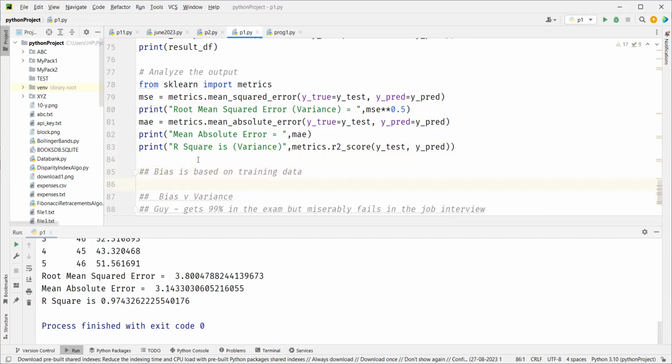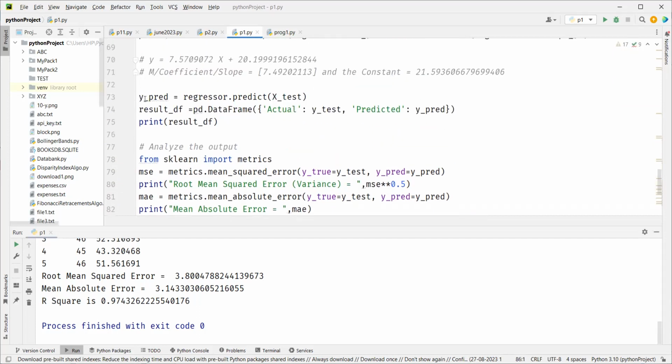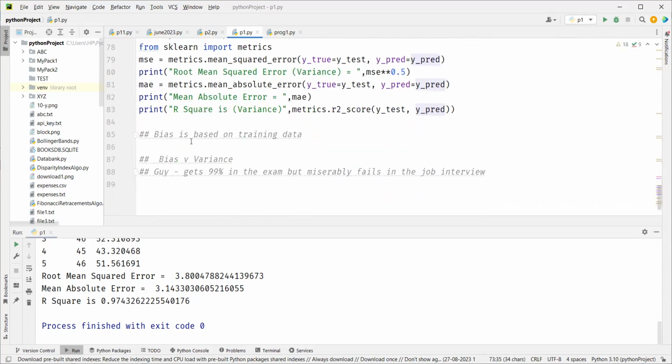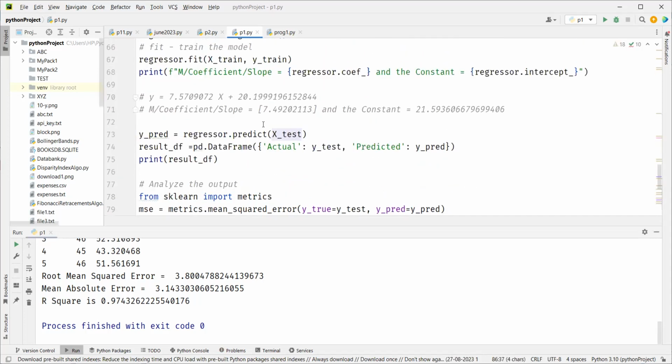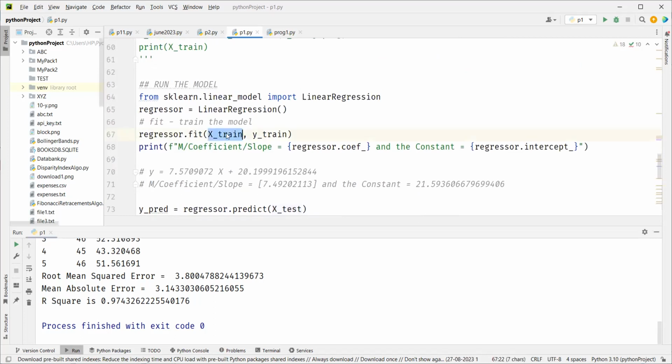So what I'll do, I will do YPRED, but I'll put YPRED training data. Here you're predicting on training data, the same set on which you trained the model, and on the same thing I am predicting. It's like I gave you 10 examples to solve, and on the same 10 examples, I'm testing your accuracy.